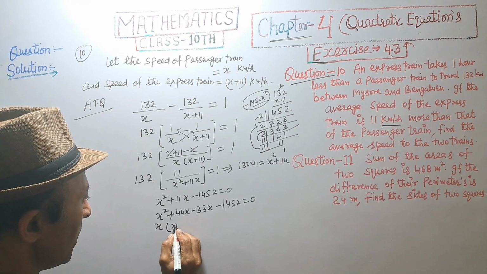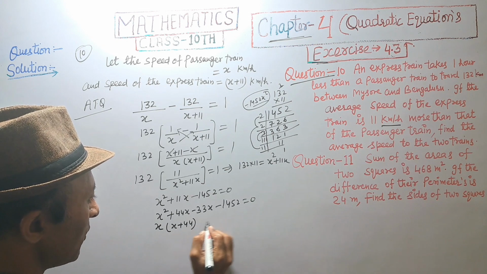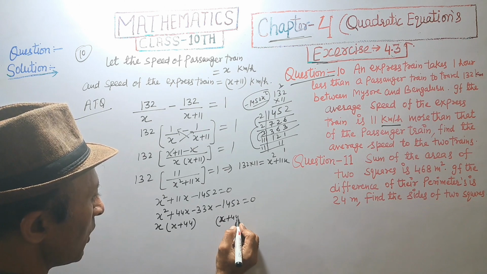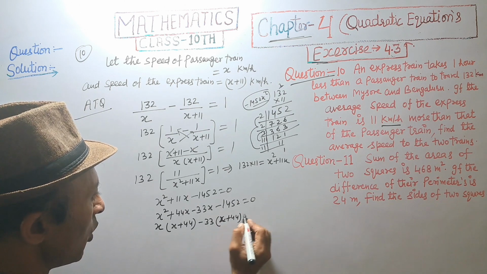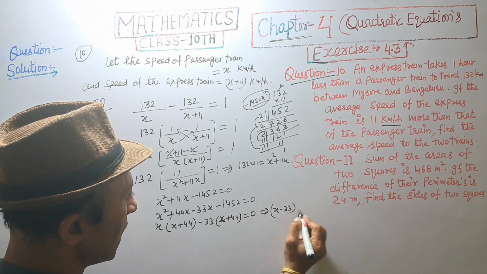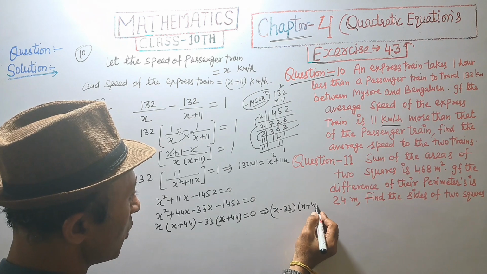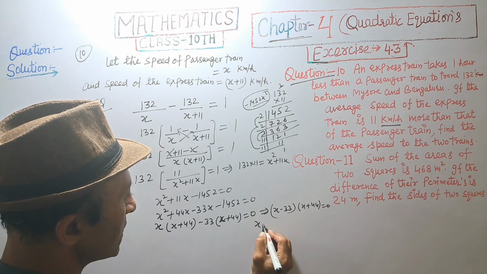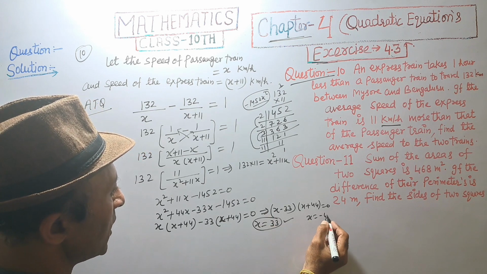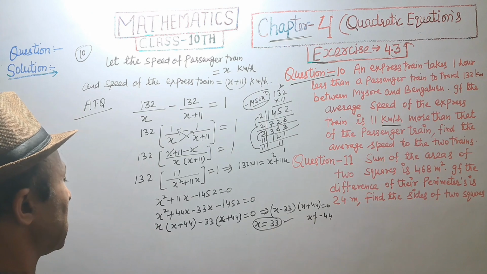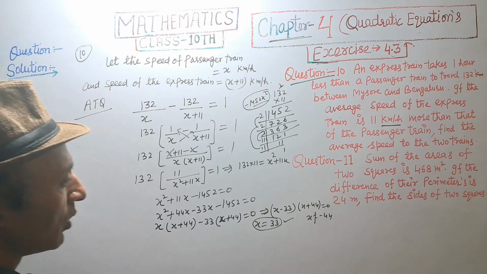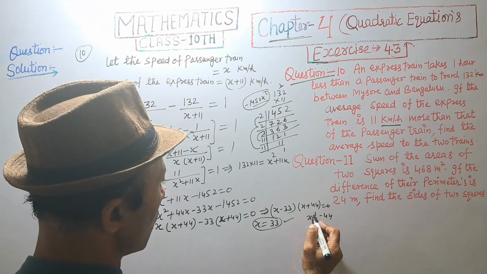Taking x common, x plus 44 in bracket, and minus 33 common, so x minus 33 and x plus 44 equal to 0. x is equal to 33 positive, and x is equal to minus 44, which is neglected.